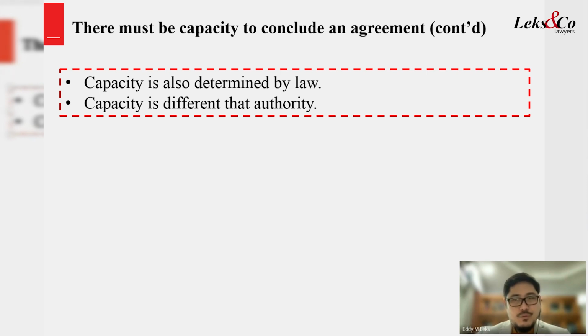That's why we understand the principle of intra vires and ultra vires, right? Intra vires, if you are doing actions according to the stipulated conditions. Ultra vires, which means that you are doing something outside your authority.